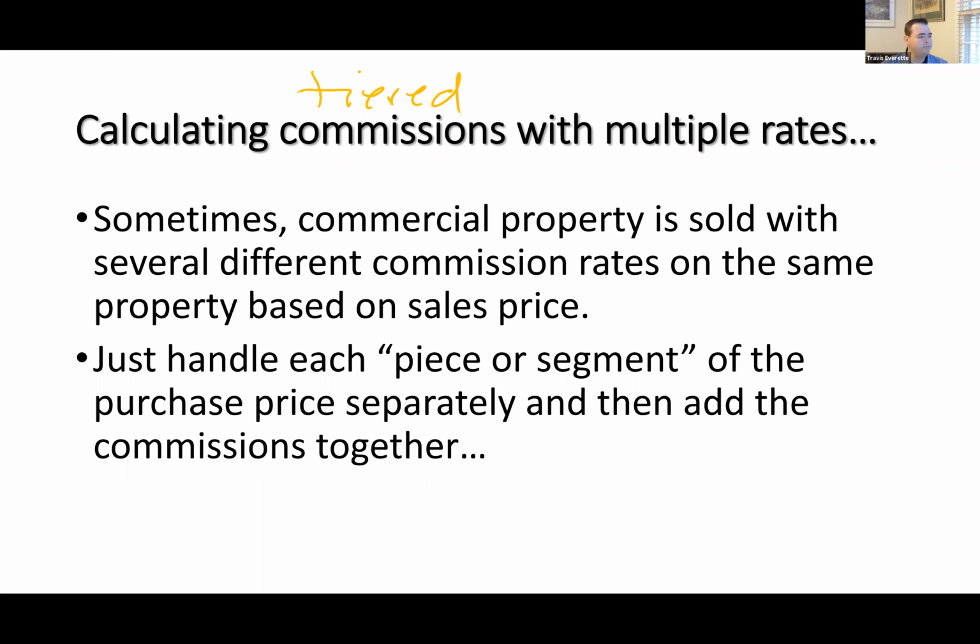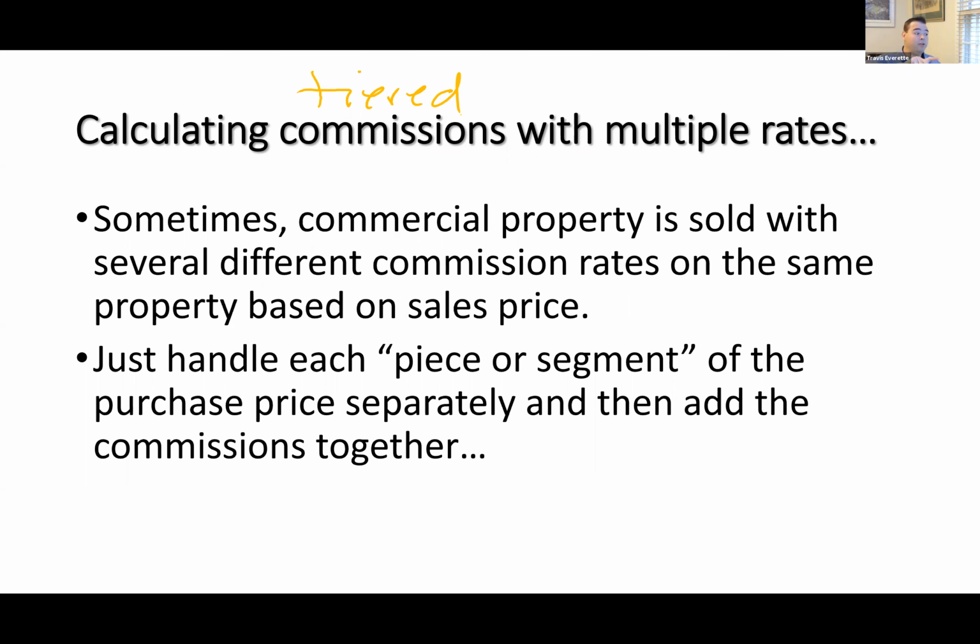Here's the thing. It's really just 3 separate commissions. There's a portion at this rate, and then there's a portion at this rate. We could say, okay, for the purchase price up to $1 million, you get 5%.